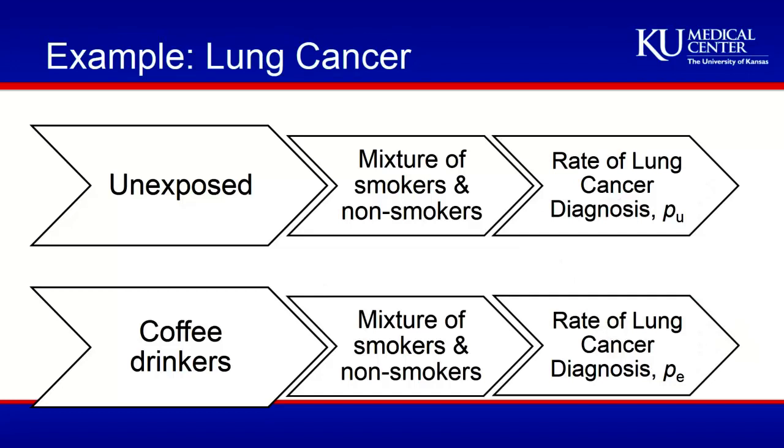Another possibility that could have happened, if we didn't have that really nice, strongly associated relationship between our two exposures here, is we could actually end up with another variable, smoking, that is related to or causes variability among individuals in terms of their lung cancer risk that is kind of mixed between our two groups. So this is a different scenario.